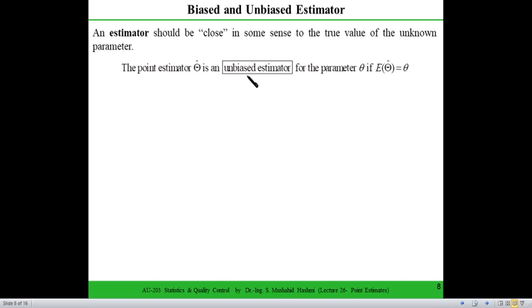Then it would be called an unbiased estimator.